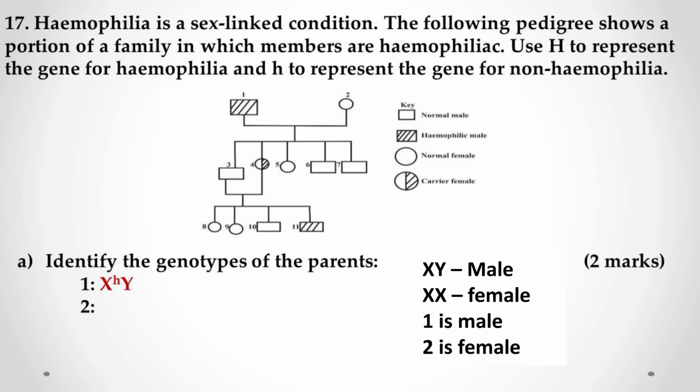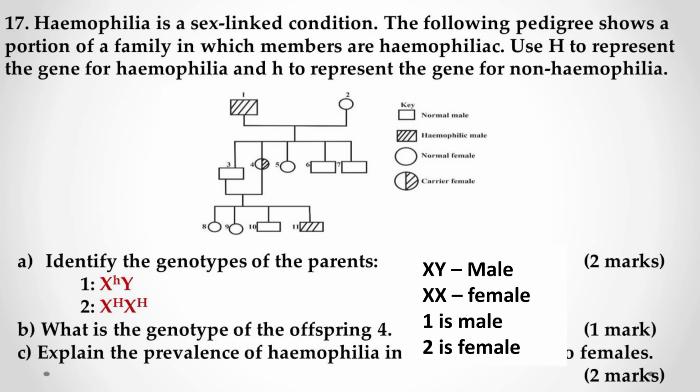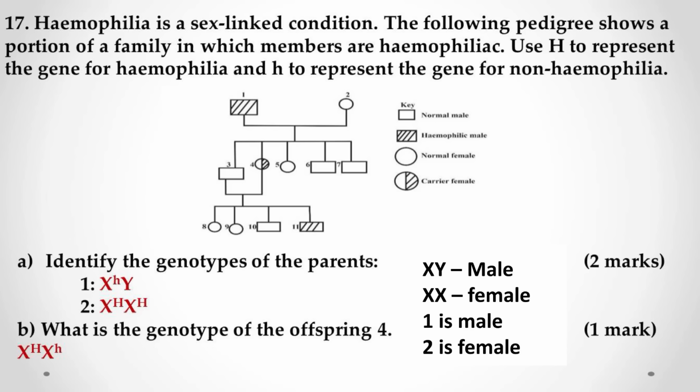So parent 1 will be a female with the gene for non-hemophilia on the X chromosome. And parent 2 will be a male with an X chromosome that has the capital H representing the gene for hemophilia. Question B, what is the genotype of offspring 4?